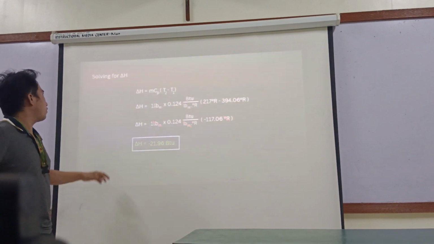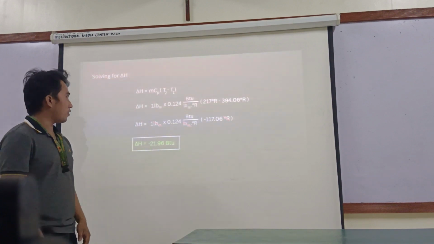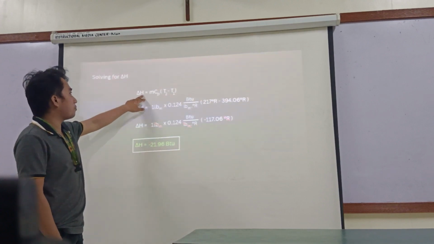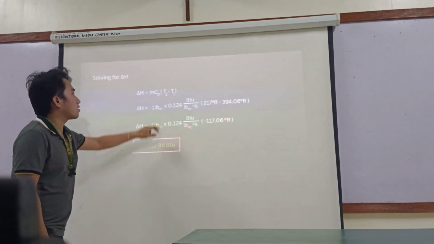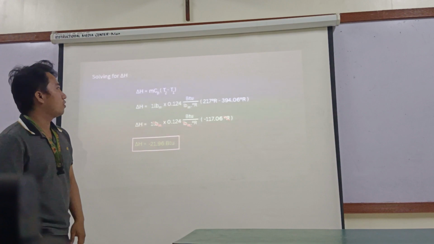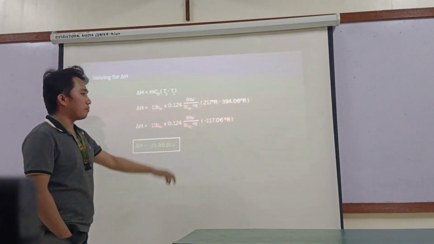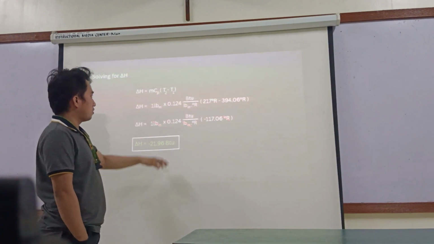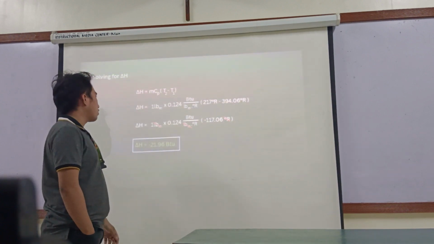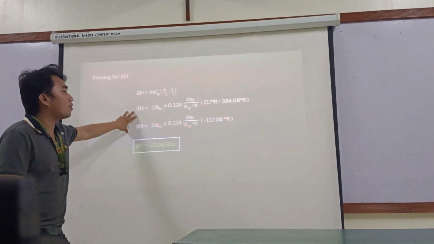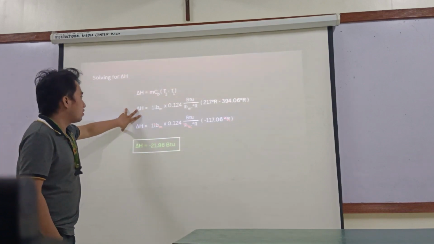And now we can solve for change of enthalpy. So change of enthalpy is equal to mass times constant pressure times parenthesis final temperature minus initial temperature. So substitute now the given values.